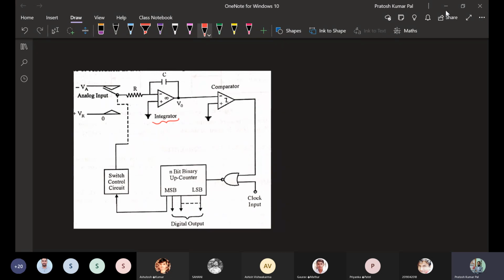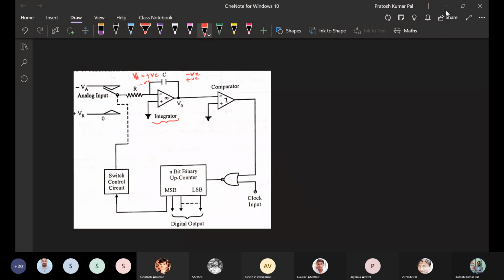This integrator is an inverting type of integrator. If we are having a positive analog voltage, then after the integrator the output will be a negative value, because we are providing input to the inverting terminal. So if we provide positive input, output will be negative, and if we provide negative input, output will be positive.